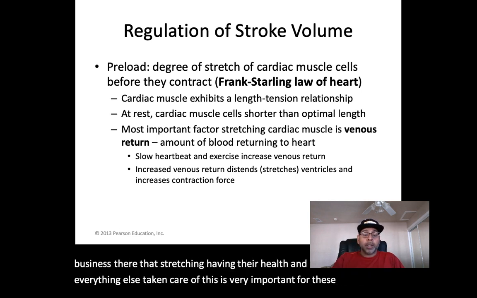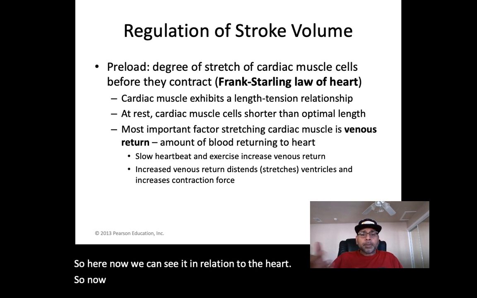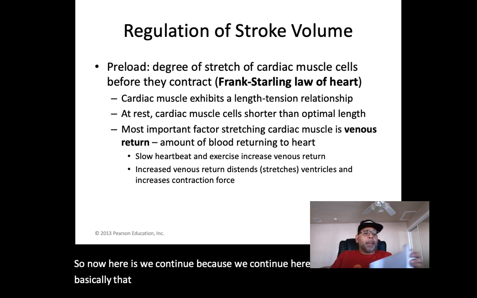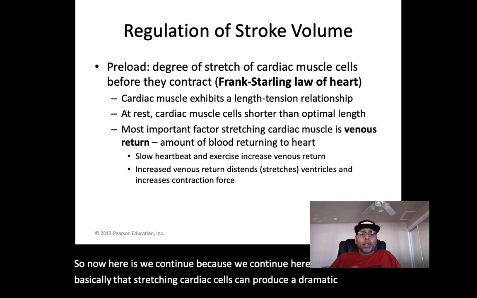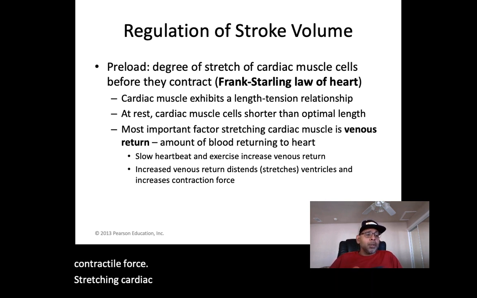So here now we can see it in relation to the heart. As we continue, we see that stretching cardiac cells can produce dramatic increases in contractile force.